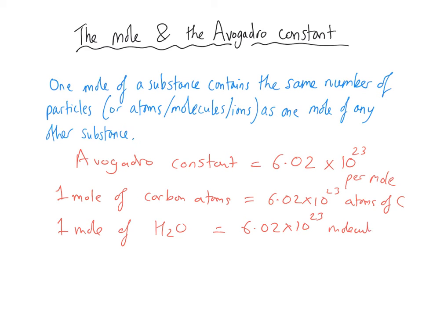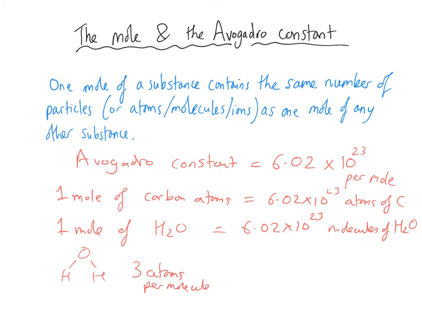molecules of water. Where it gets even more powerful, a little bit more complicated, is that since water has got the formula H2O, which has got 1 atom of oxygen and 2 atoms of hydrogen, that's a total of 3 atoms per molecule.